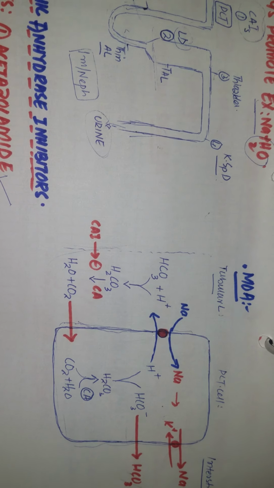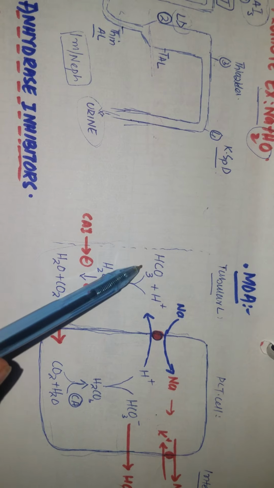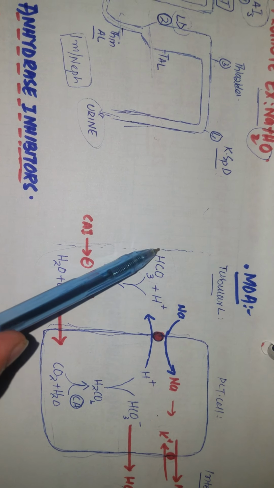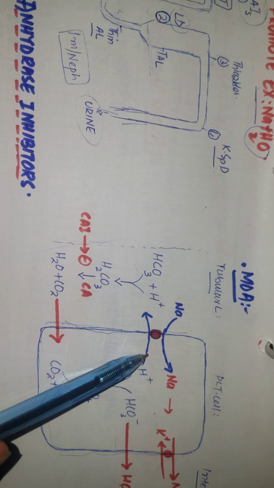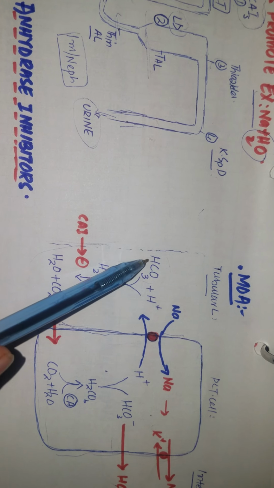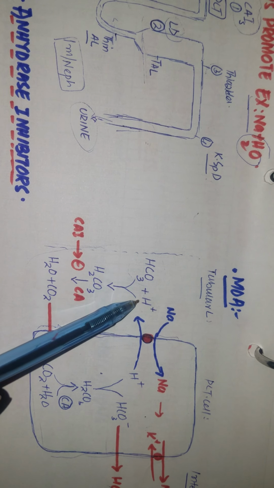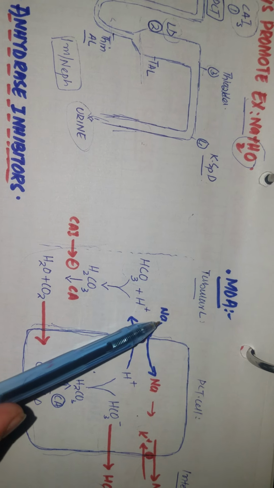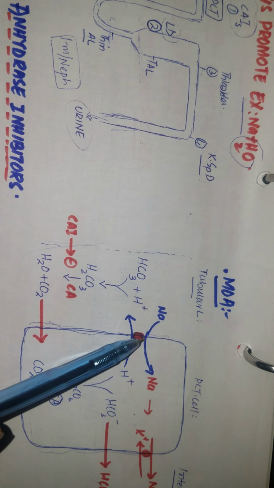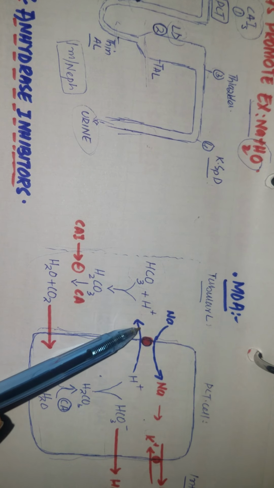Now when there is bicarbonate in the filtered fluid, this bicarbonate can't be absorbed directly into the cell. First it will combine with a hydrogen ion, provided by this sodium hydrogen counter transporter, which transports one sodium inside and one hydrogen outside.